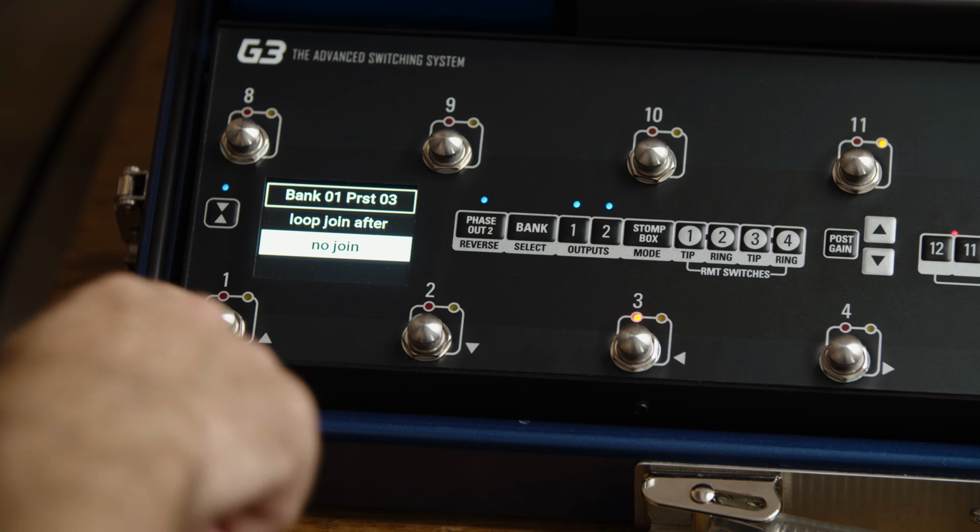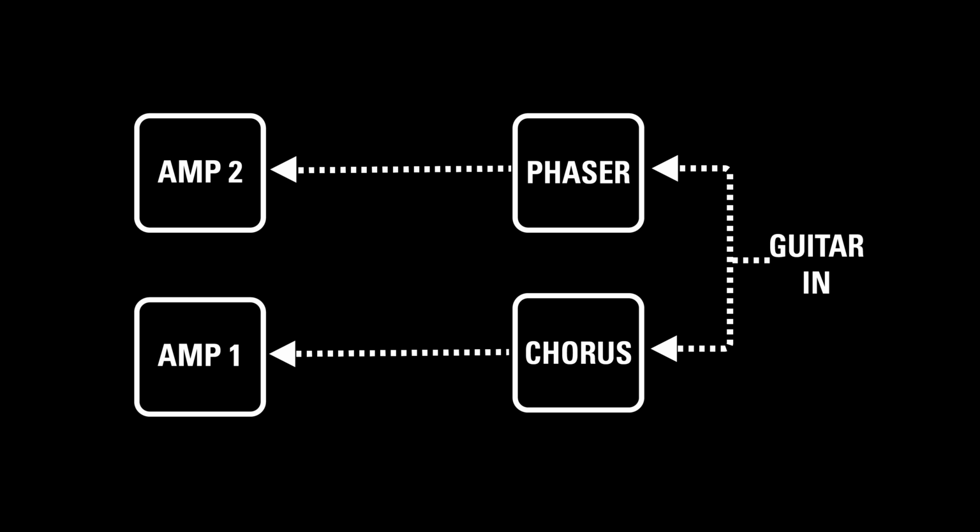And now that's going to send chorus out of one output and phaser out the other. So those mixers and the ability to split our parallel signal and send them to different outputs, it's a great thing to experiment with and to create your own really cool, unique sounds.